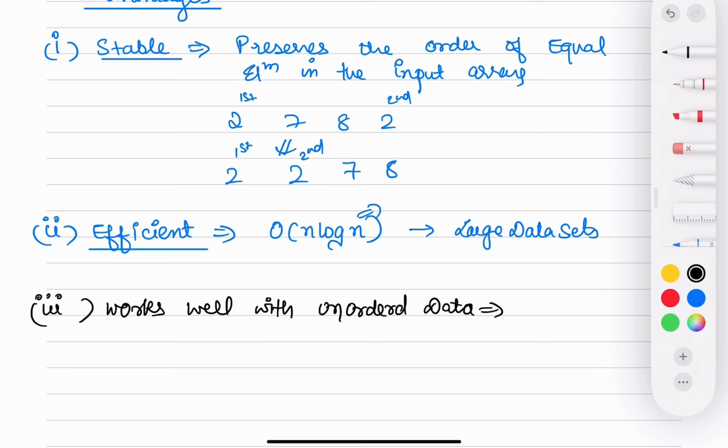Regardless of how unorganized the data is, it is going to work the same. So it works well with large data sets, it works well with unorganized data sets, and it works the same with organized data sets.